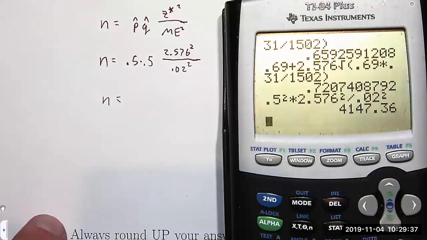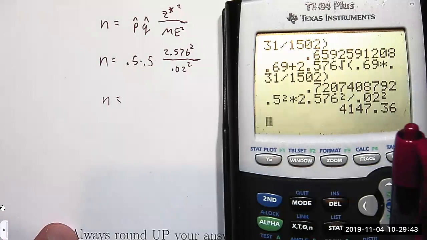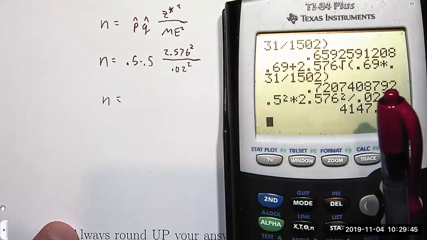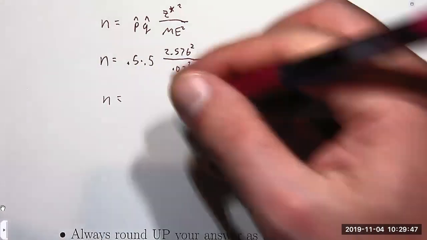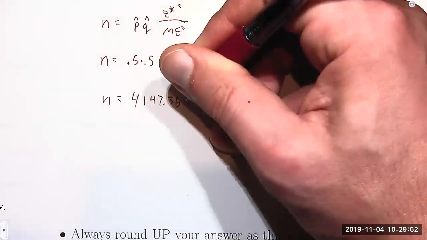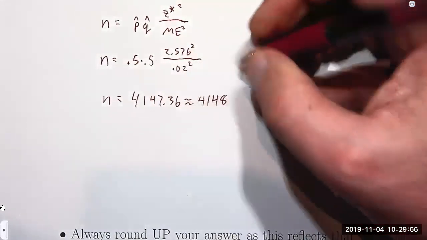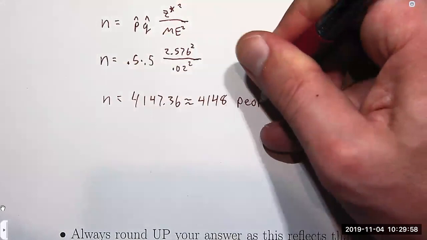So we're going to say this is about 4,148 people.